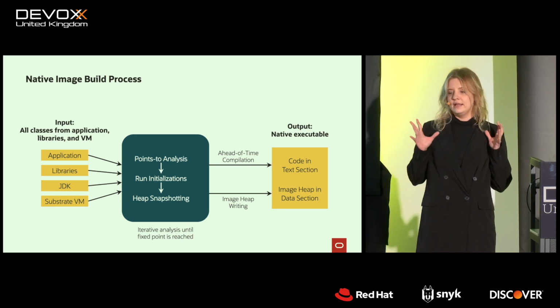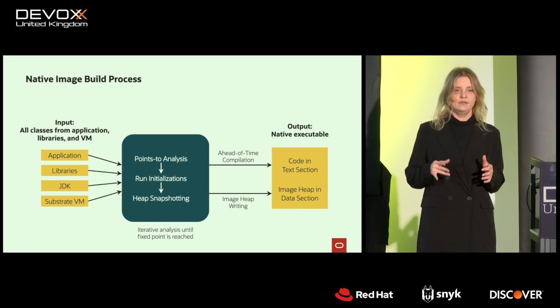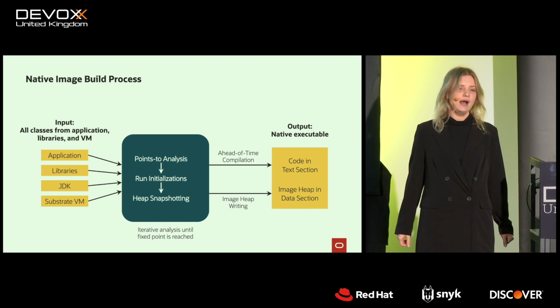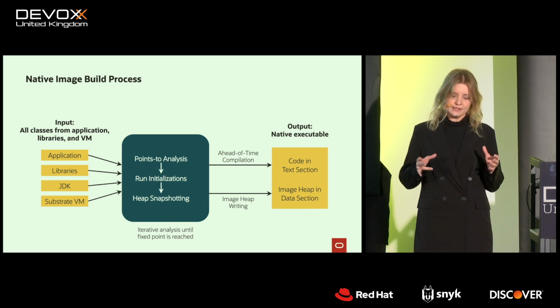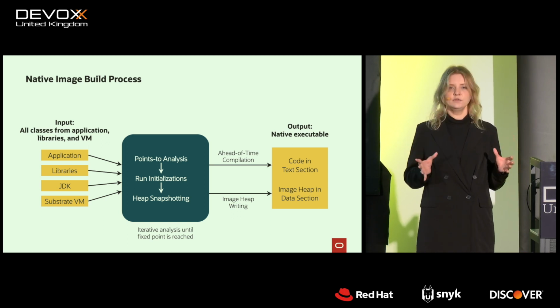When you run the native image build process, so you run the native image command, and you give it your application in bytecode form, what happens is that it will look at your application starting from its main entry point, and it will try to find all the reachable code. So all the code that is necessary for your application to operate, and eliminate everything else.